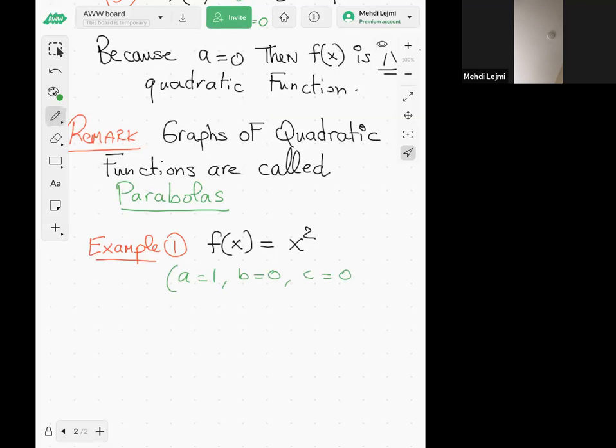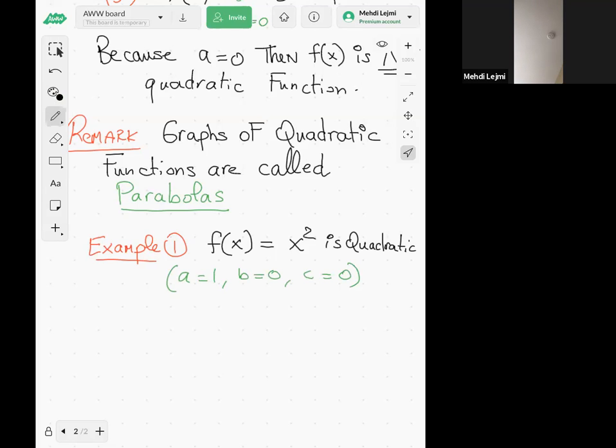So this x squared is a quadratic function. Now let's take a look at the graph of x squared.